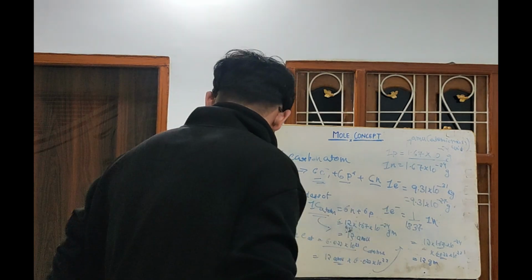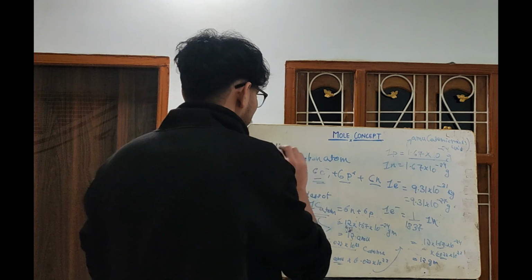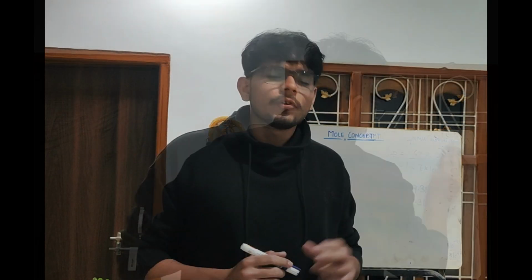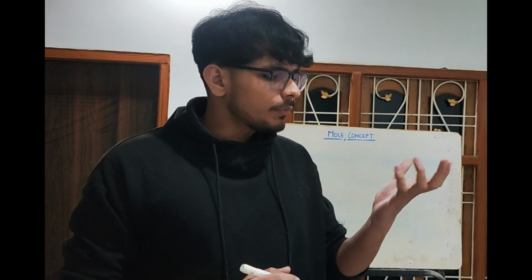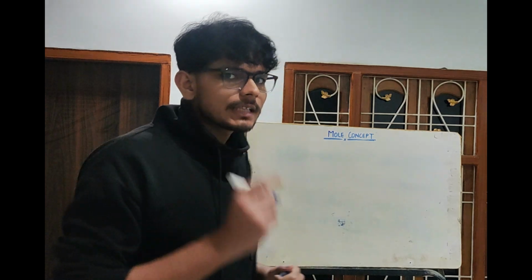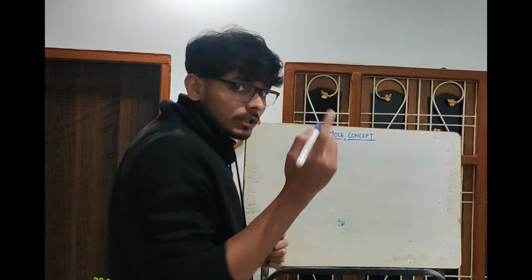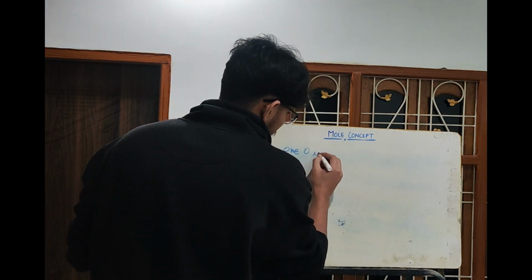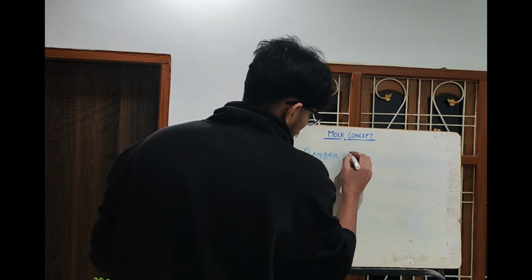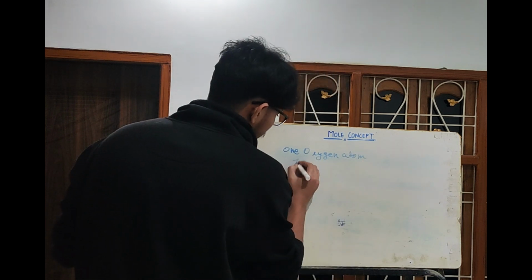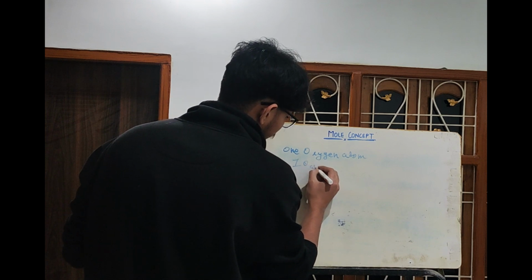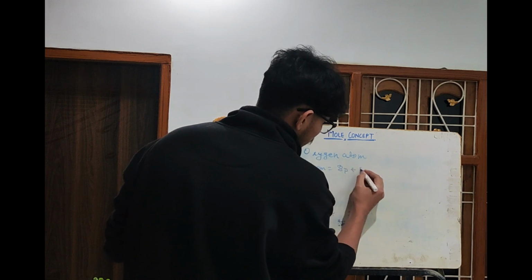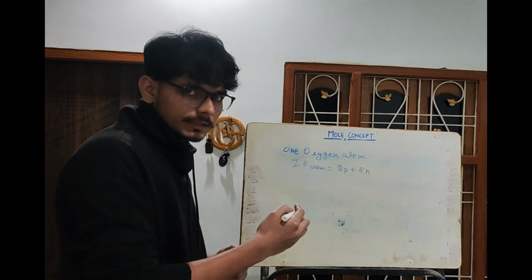So moving forward, now we understood what will be the weight of 1 mole of carbon atoms. Let's take an example of an oxygen atom. A single oxygen atom has 8 protons plus 8 neutrons contributing to its mass.